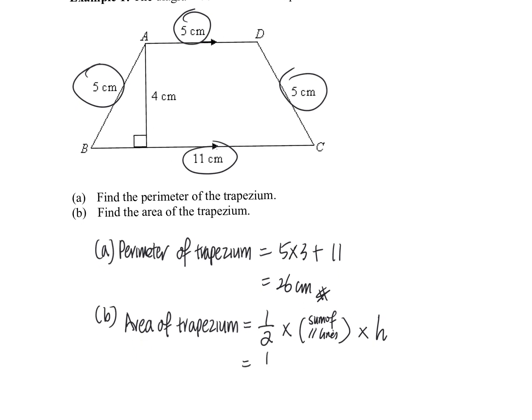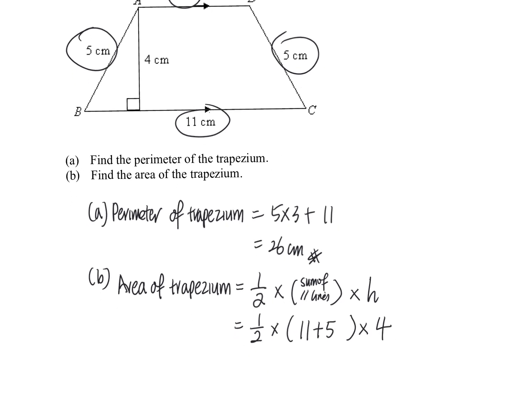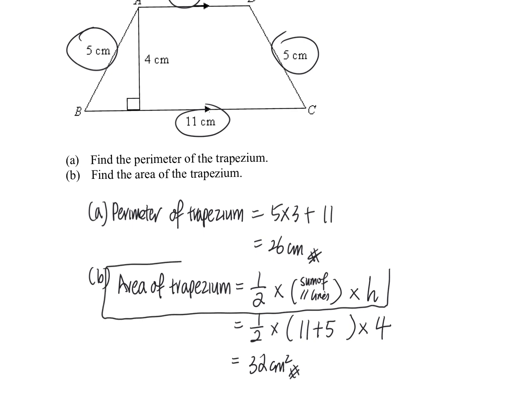So what should it be? 11 plus 5. Then what's the height? 4, not 5. Okay, so remember this is the formula for area of trapezium.